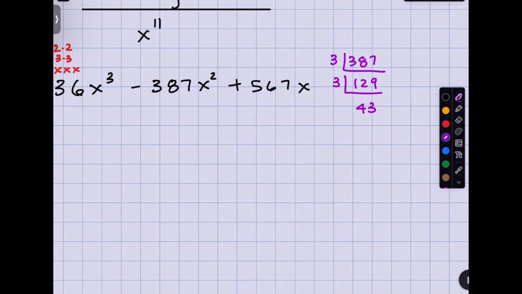Not 4, because it's not even. Not 5, because it doesn't end with 5 or 0. Not 6, because if it's not divisible by 2 and 3, then it's not divisible by 6. Does 7 go into it? No. 8, no. 9, no. We're done. 3 times 3 times 43.